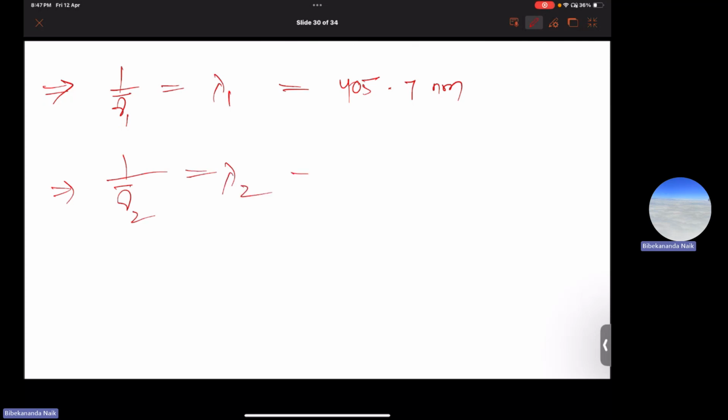Then these two lines will correspond to, so 1 by nu 1 bar will give you lambda 1, which will be 405.7 nanometer. Then 1 by nu 2 bar equals lambda 2, which is 406.4 nanometer.